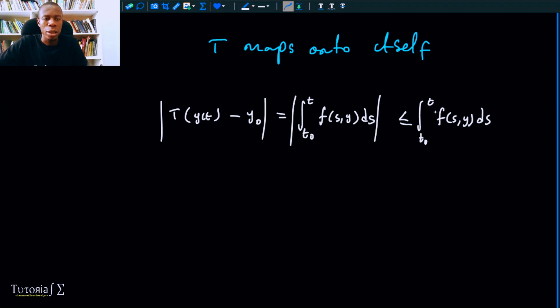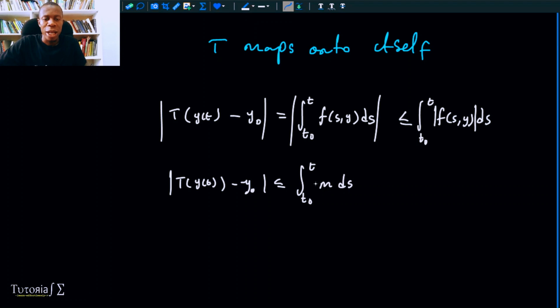We know that this is bounded, it has a maximum M. So again, we have |T(y)(t) minus y₀| less than or equal to the integral from t₀ to t of M ds.